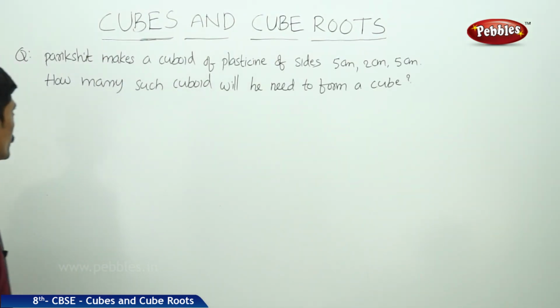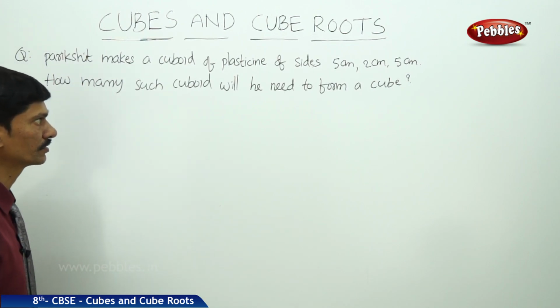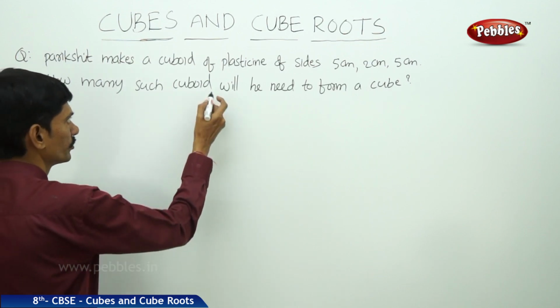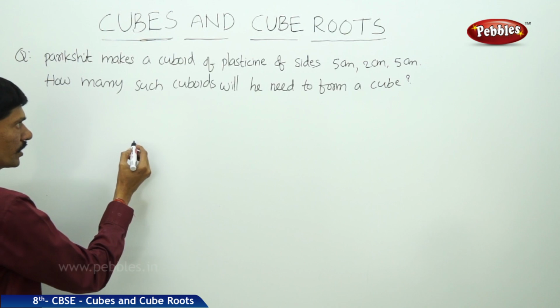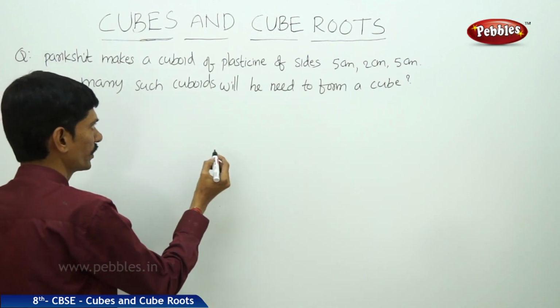Now we will solve the next question. Parikshit makes a cuboid of plasticine of sides 5 centimeters, 2 centimeters, 5 centimeters. Then how many such cuboids will he need to form a cube? First we take the dimensions of the given cuboid: 5 centimeters, 2 centimeters and 5 centimeters.